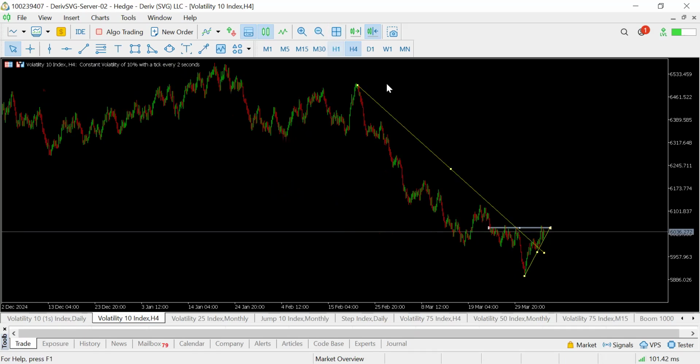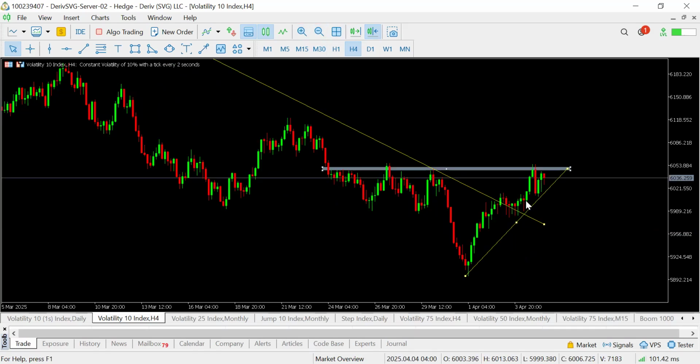Sorry, I had to zoom in. The structure of the market, the trend of the market hasn't changed, but you see that the market is making mini highs and lows. However, even though the trend line has been broken, the market is trying to take out this point.